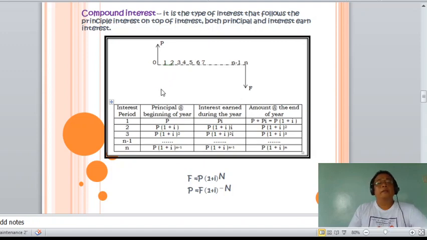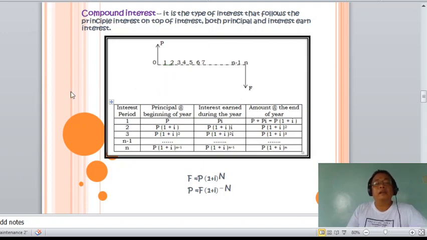Okay. Let us again take another consideration in the third period. So the principal amount at the beginning of the third period is equal to the future amount at the end of the second period.